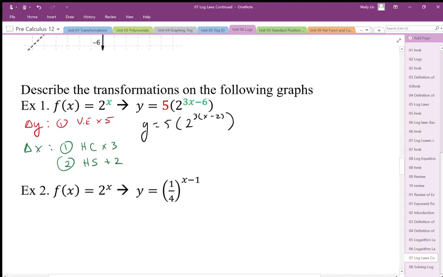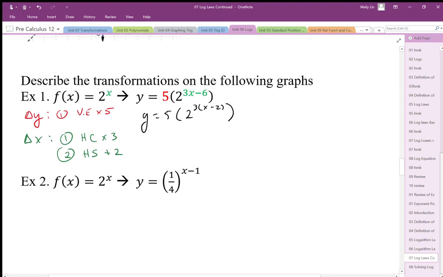So how can we apply some log and exponent properties when we do transformations? To do any transformations, we have to remember that it's got to look the same. We need to have the exponent inside change and something on the outside change. Well, in this one the base changed.